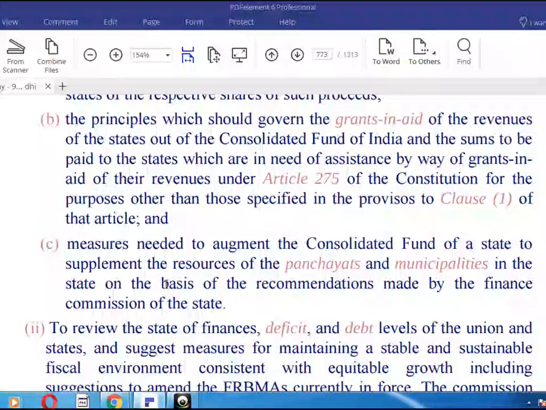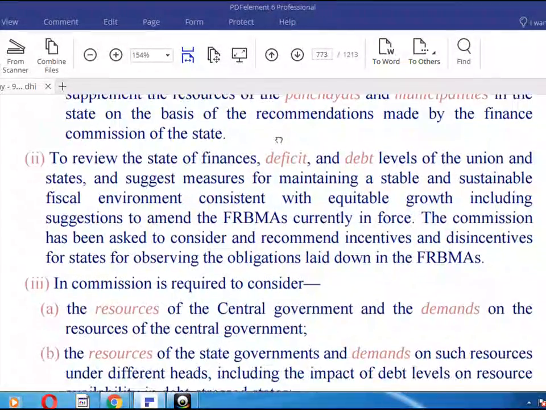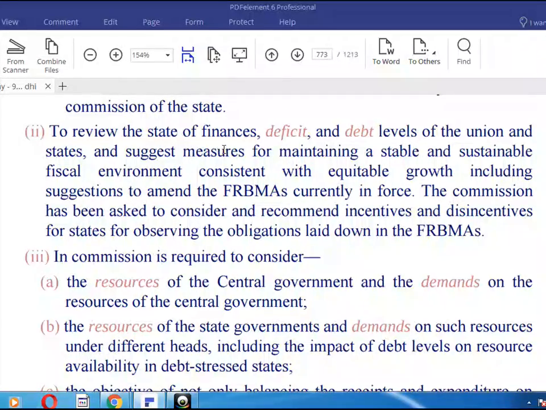Measures needed to augment the Consolidated Fund of a state to supplement the resources of the panchayats and municipalities in the state on the basis of the recommendation made by the Finance Commission of the state. To review the state of finances, deficit and debt levels of the Union and states and suggest measures for maintaining a stable and sustainable fiscal environment consistent with equitable growth, including suggestions to amend the FRBMs currently in force.